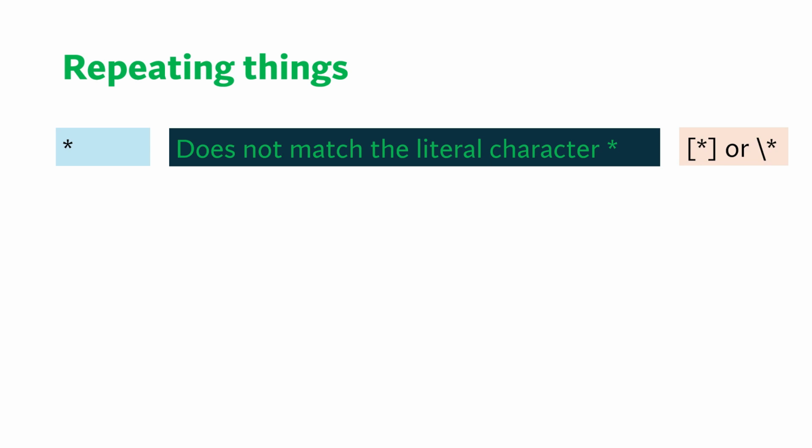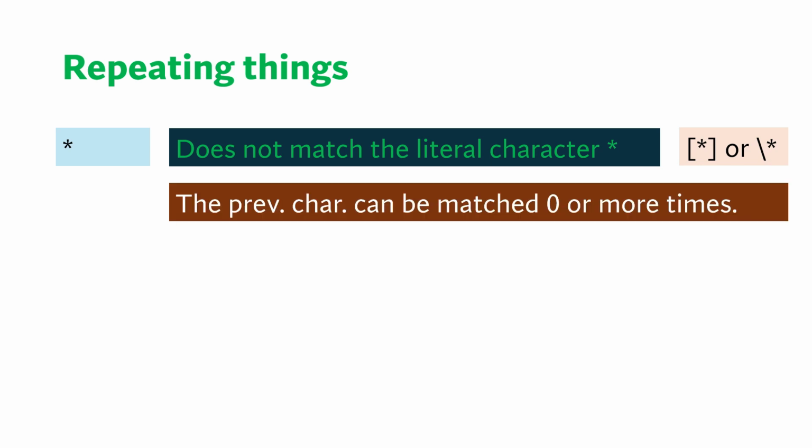In terms of repeating things, it means that the previous character will be matched 0 or more times. For example, if the pattern is a*b, then it will be able to match the character b. It can match ab, aab, aaab, and so on.